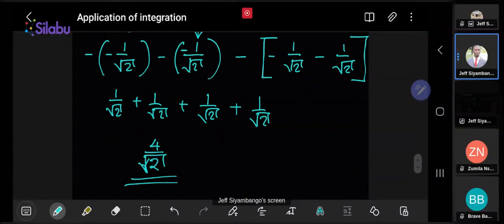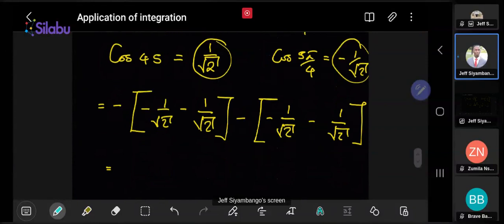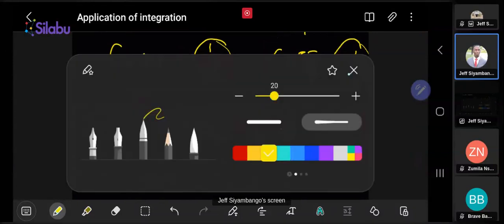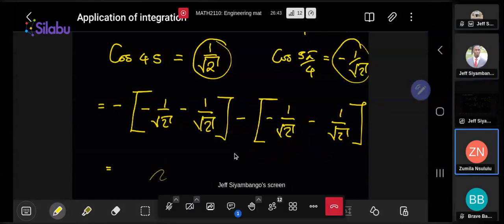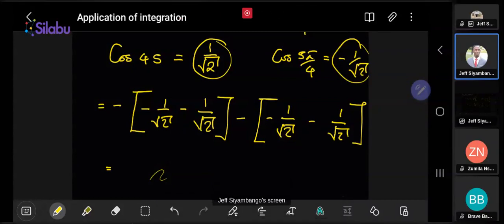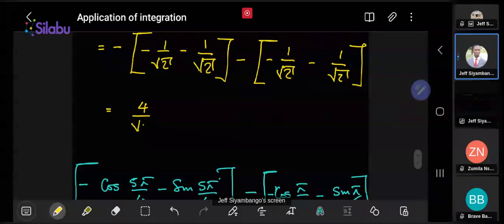You guys can verify what we've done if it's correct. But let's see what I was doing here. Do you see that it actually reduces to the same thing? Even this would end up giving us 4 over root 2.